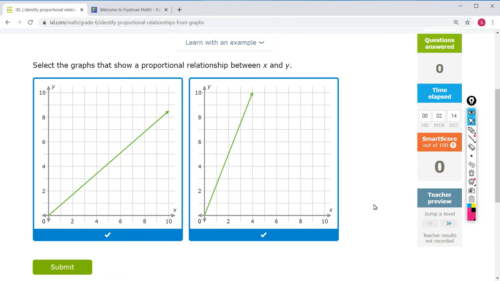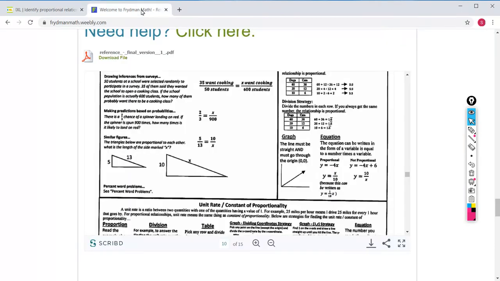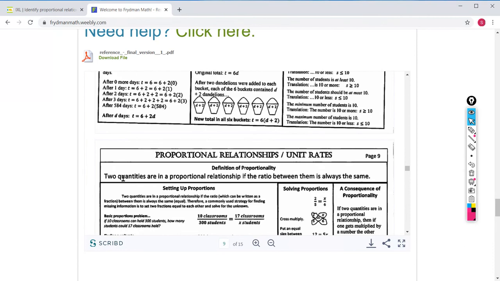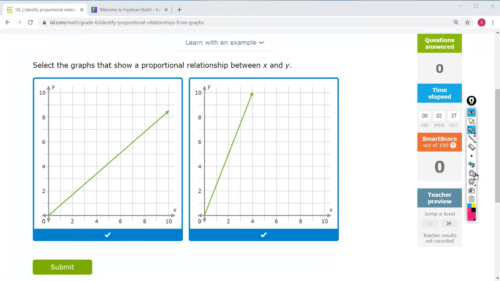But let's also, just to see that this way of checking for proportionality works, go back to the definition of proportionality, which is that the ratio between the two quantities should always be the same. So, for example, I can look at this graph over here and pick, let's see here, okay, so there are no real good points to pick here.